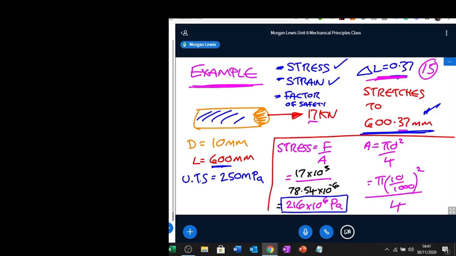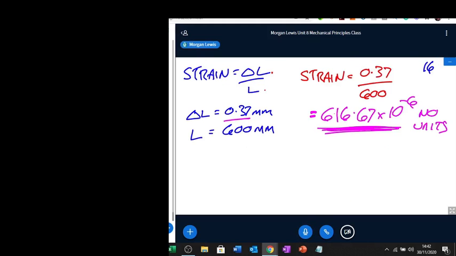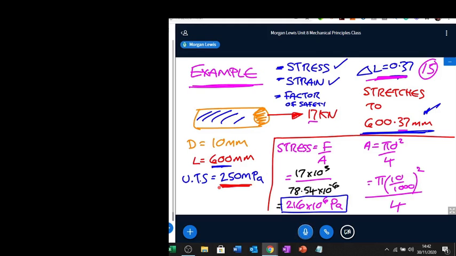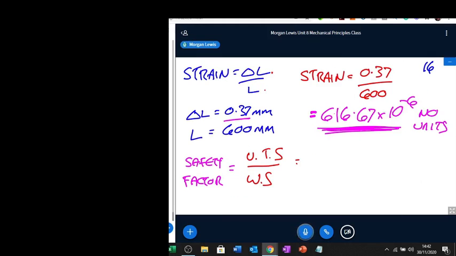The last one is factor of safety. Safety factor or factor of safety makes a difference. Safety factor, if you remember, is the ultimate tensile, because we're pulling apart, divided by the working stress. The ultimate is 250 mega. It's going to break at 250, so 250 times 10 to the 6.